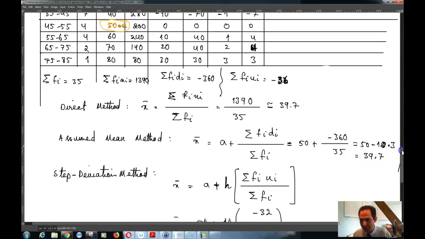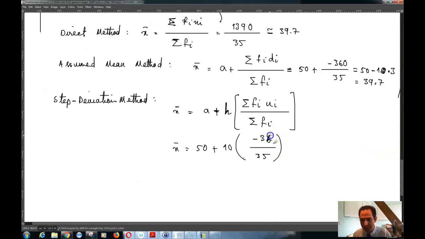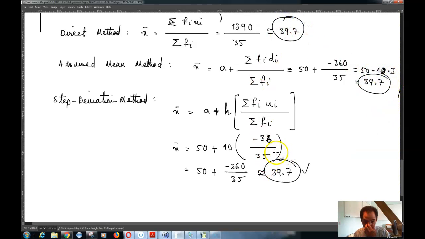So you have negative 36 by 35, which is the same thing as 50 plus negative 360 divided by 35, which is again the same number here, which is equal to 39.7. So you have 39.7, 39.7, and 39.7 here.